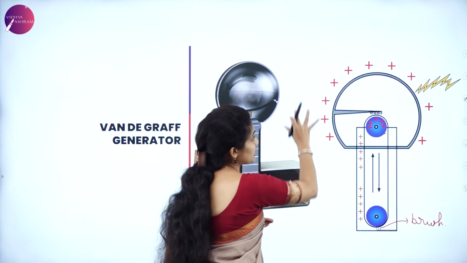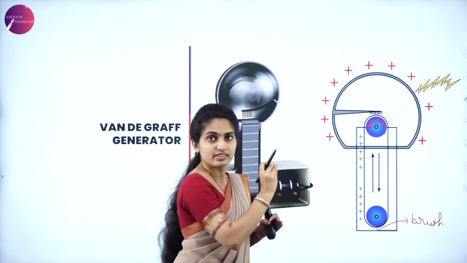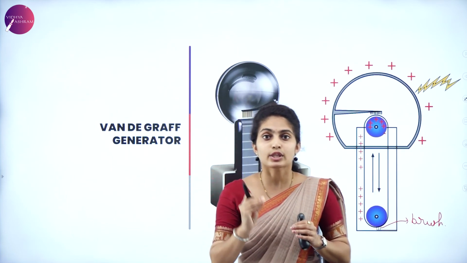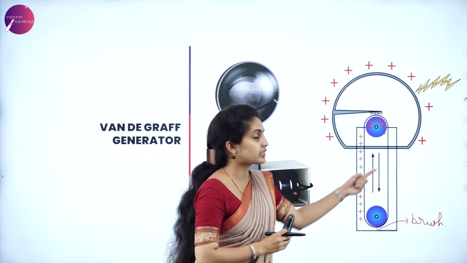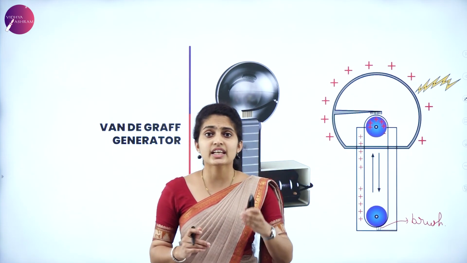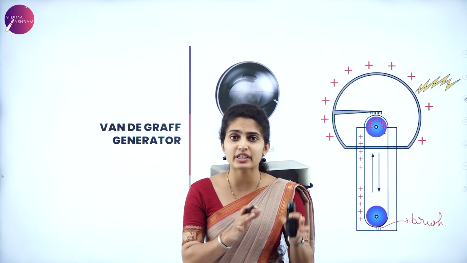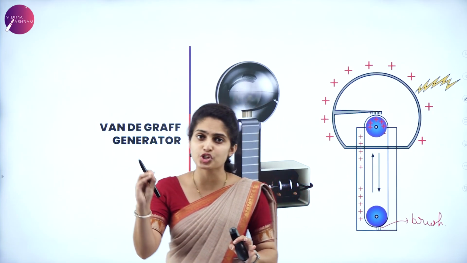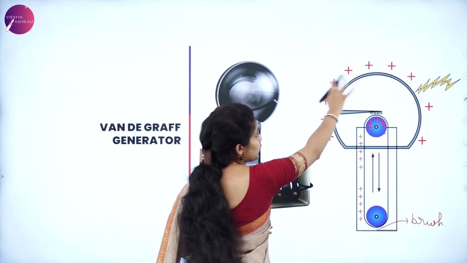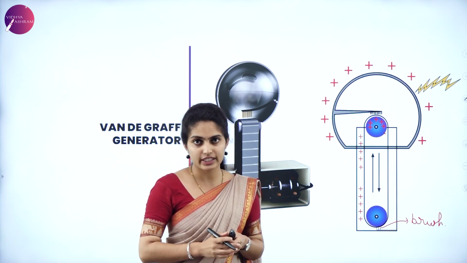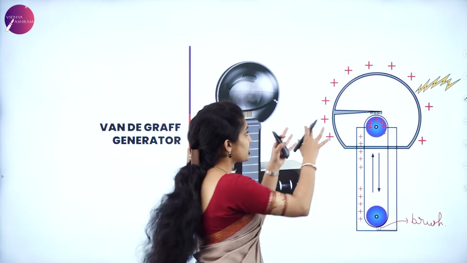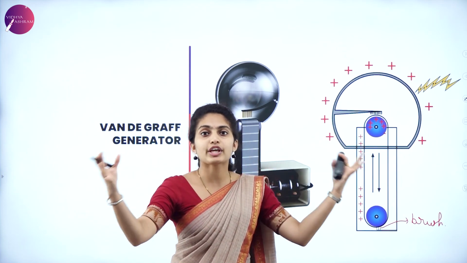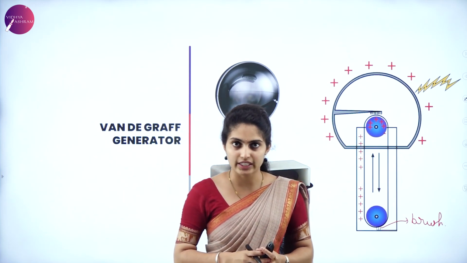This process happens continuously, and the potential acquired by the outer hollow sphere keeps on increasing until it becomes equal to the breakdown potential of the surrounding air. It then ionizes the air, because of which the charges leak away from the generator.